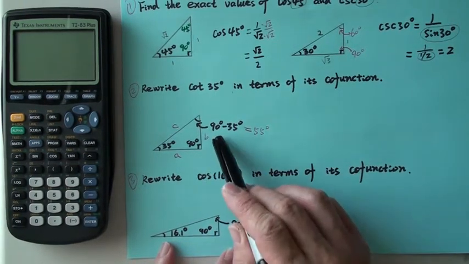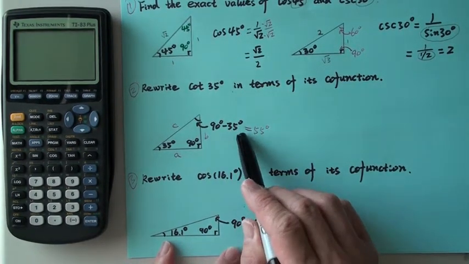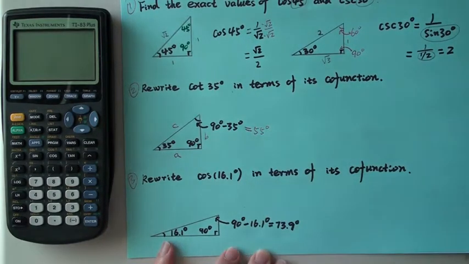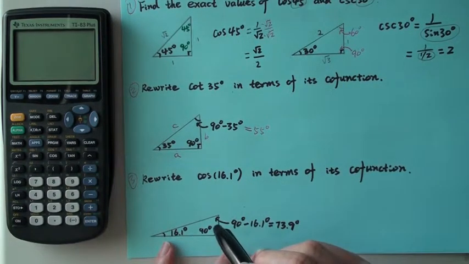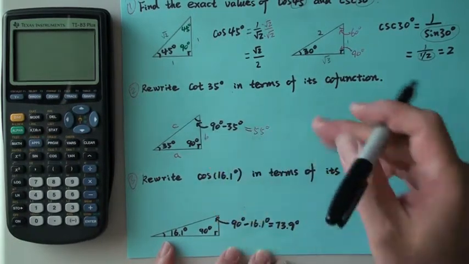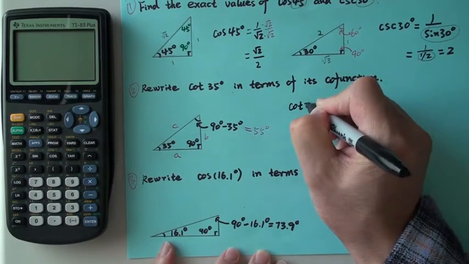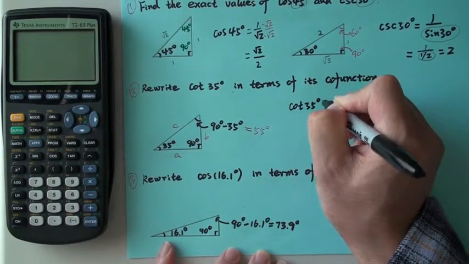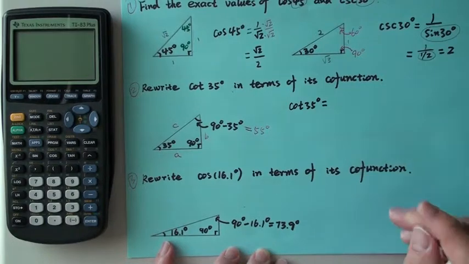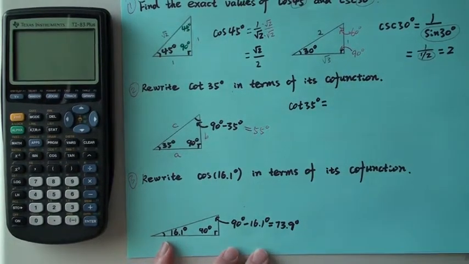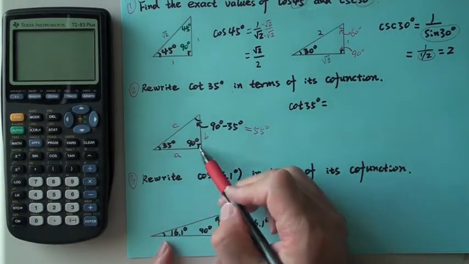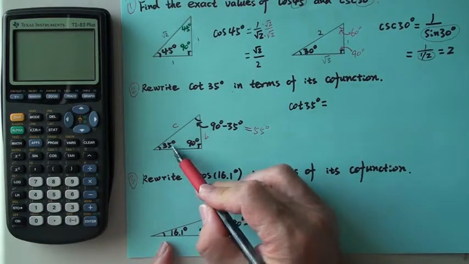So it's 90 degrees minus 35, which is 55 degrees. So down here, when you see cotangent 35 degrees, this is the 35.